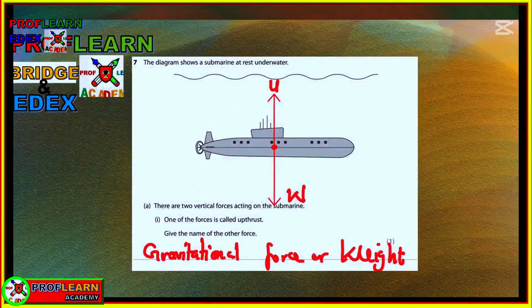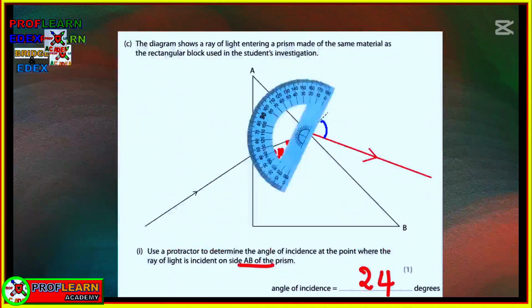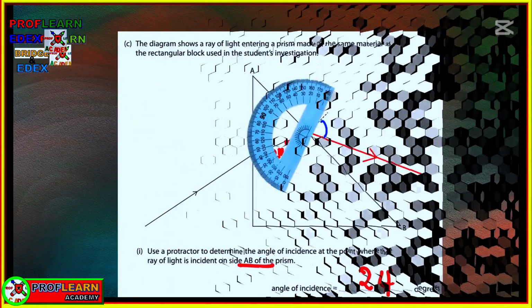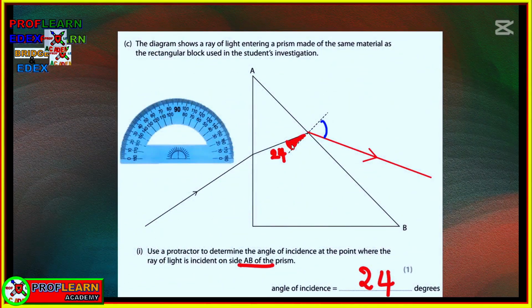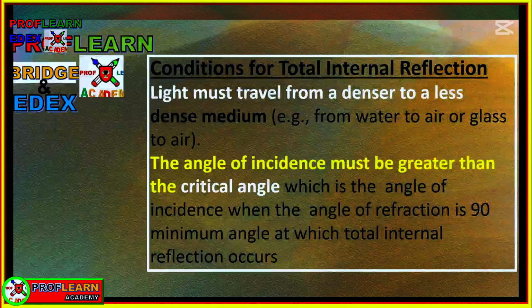Moving to the next question, we are told to draw the way the ray is going to leave the glass block. So we realize that since the angle is 24 degrees, it is less than the critical angle, and the critical angle for that glass block was 56 degrees. We had gotten it earlier.